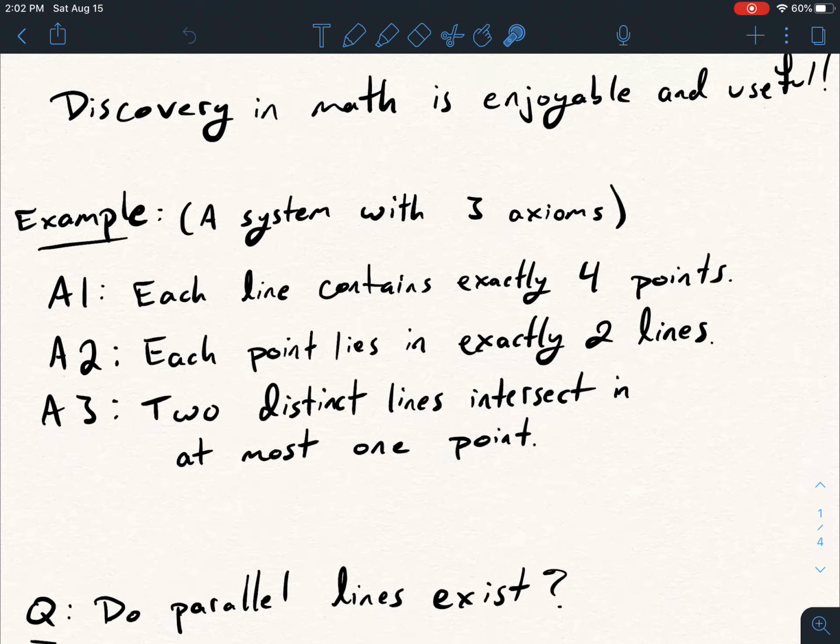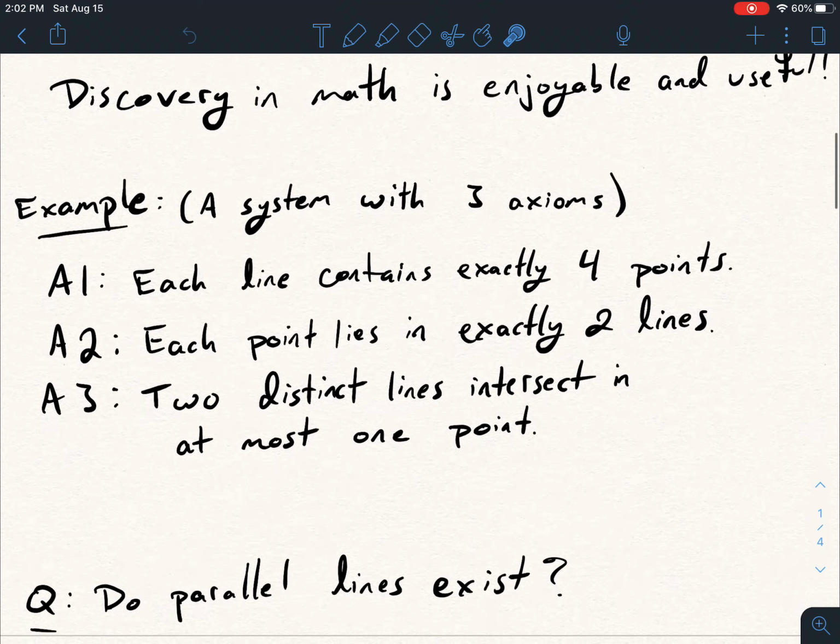Or can we even have parallel lines in an axiomatic system? Do they always have to exist in our axiomatic system? That's a question that you might ask based off of this simple axiomatic system: do parallel lines exist?